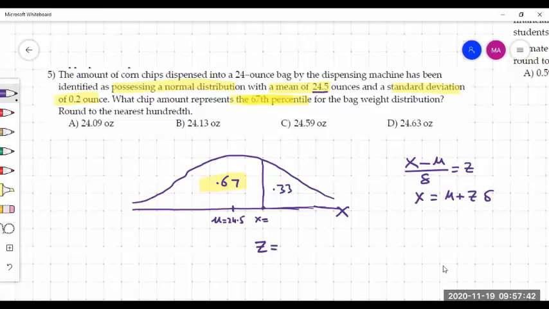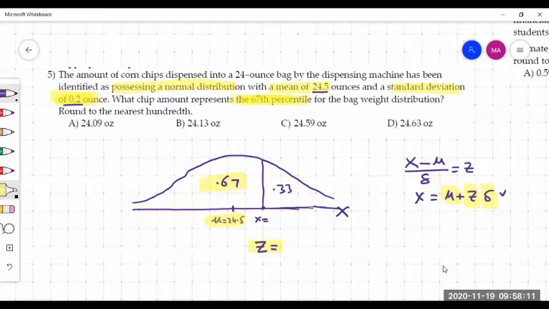So I have the given value for the mean, this one here, and the given value for the standard deviation, sigma, this one here, and then I find the value of Z from the table, plug in mu, sigma, and Z, and compute X.